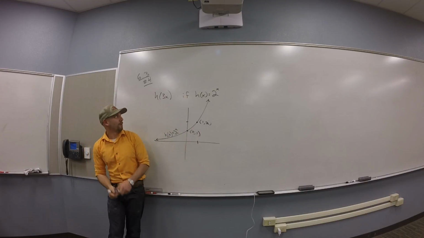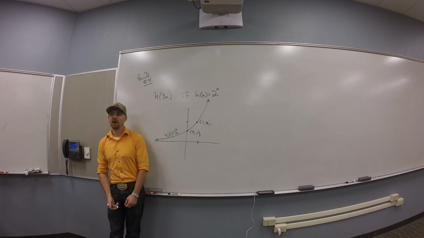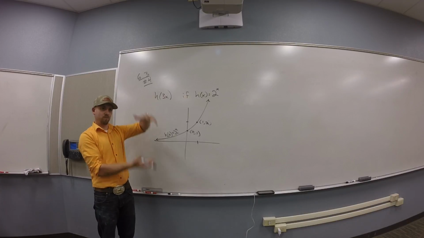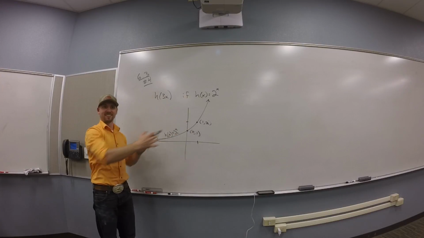Okay. Now if I'm going to do h of 3x, what should that look like? Should be kind of steeper, right? Because we're doing what with the graph? Which one of these is it?